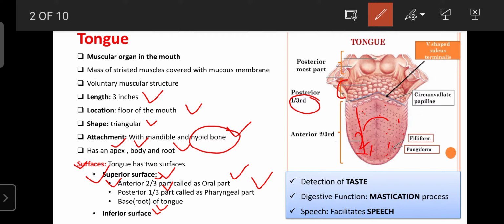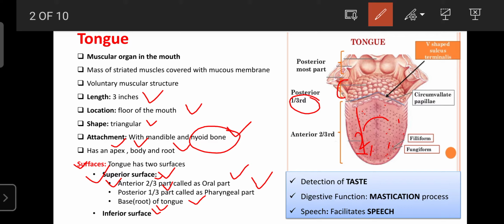And this last part of the superior surface is known as the base or root of the tongue. This last part, the base or root of the tongue, plays an important role in initiating the movement of the tongue.